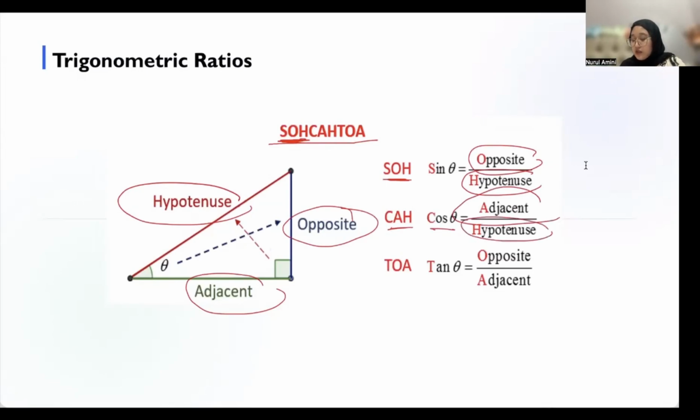And last, if you want to find tan theta, TOA: you can find tan theta by dividing the opposite side over the adjacent side. It's easier if you can remember this. Any question? Okay, no? So we will continue.